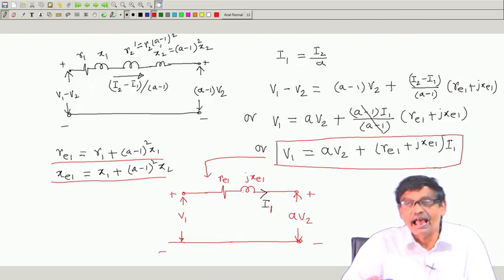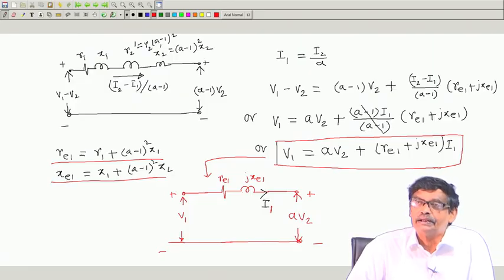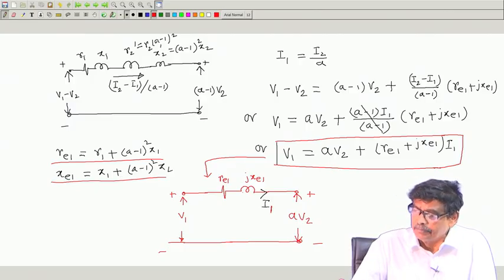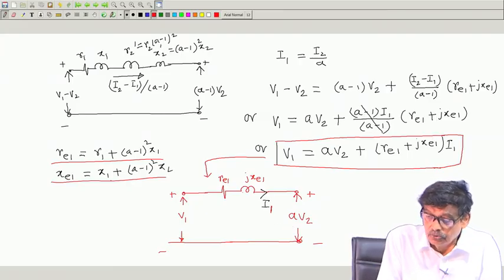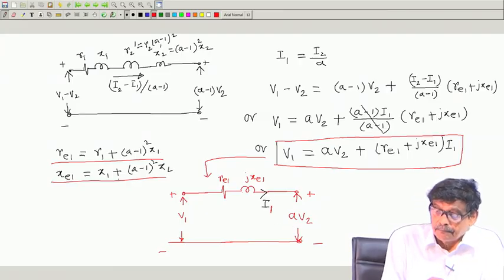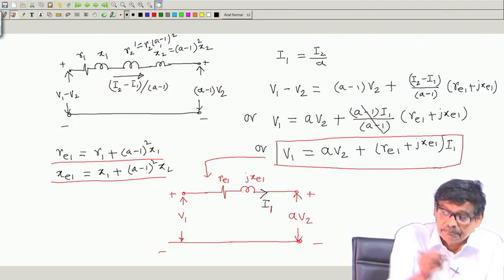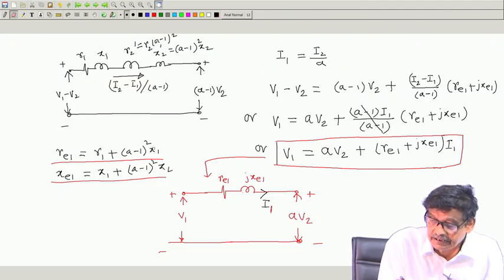In the same way as we draw the equivalent circuit referred to primary of a 2 winding transformer. But there is an important difference. What is that important difference? Terminal voltage gets multiplied by A, V 2, fine, but I think I made a very basic mistake here.